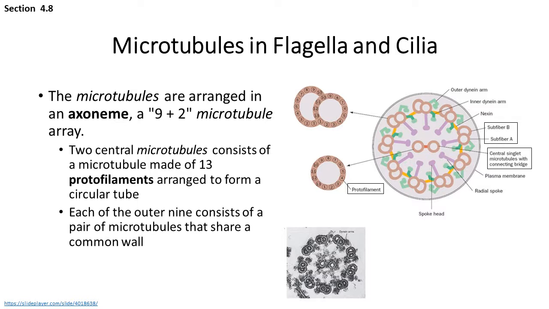So there are 2 central microtubules that consist of 13 protofilaments arranged in a circular tube. Each of the 9 outer microtubules also consist of a pair of microtubules that share a common wall. So 13 protofilaments, and they're a doublet.